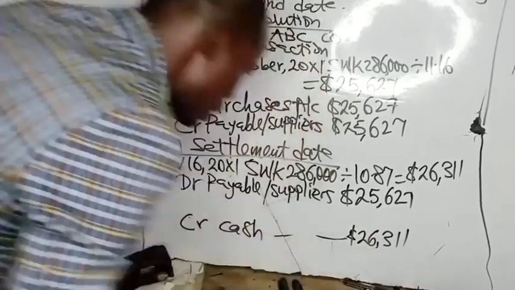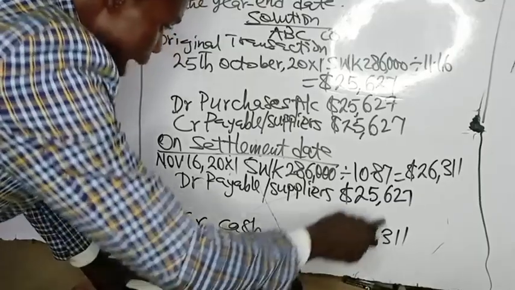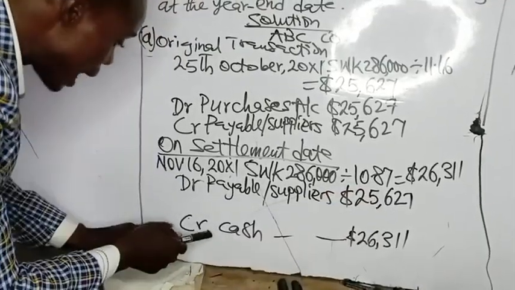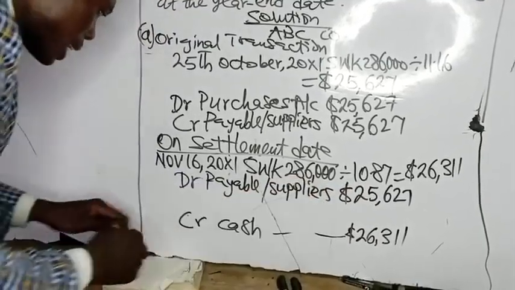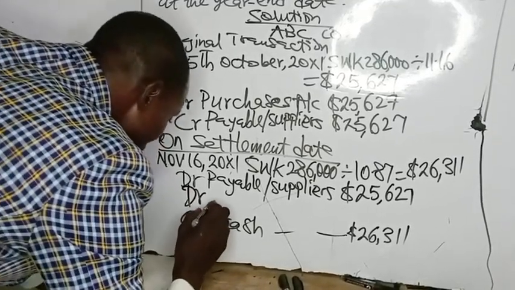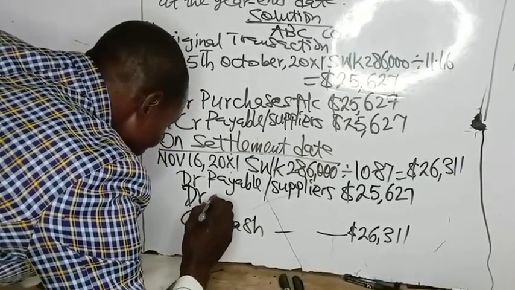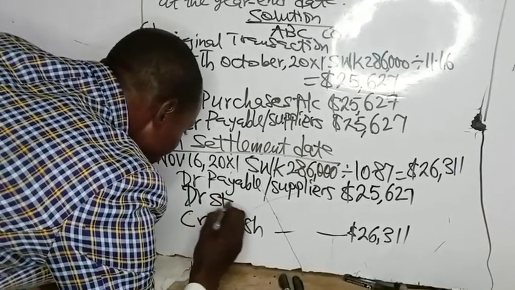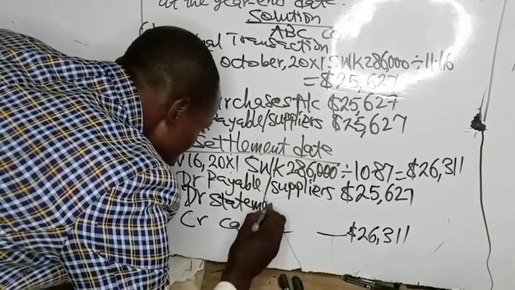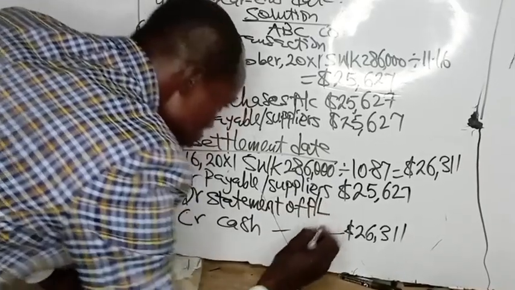So if you look at this, the credit side is greater than the debit side. The amount credited is greater than the amount debited. So that means you will need to have exchange gains or loss that will be transferred to the statement of profit or loss.